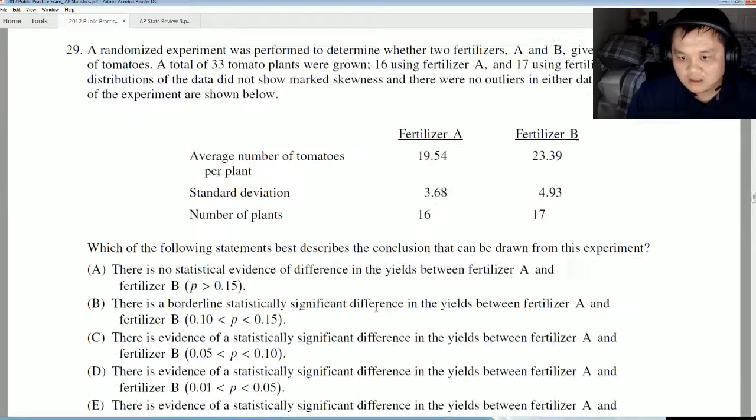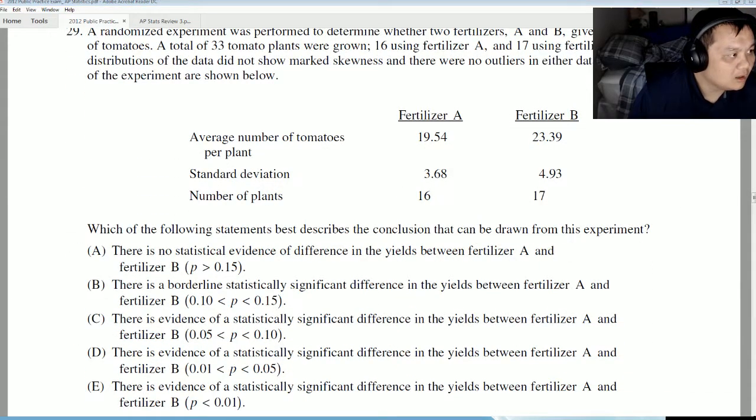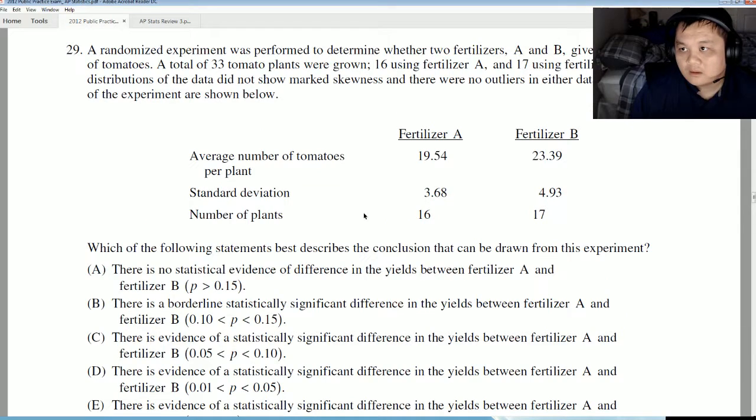29. Do you know what type of test this is?